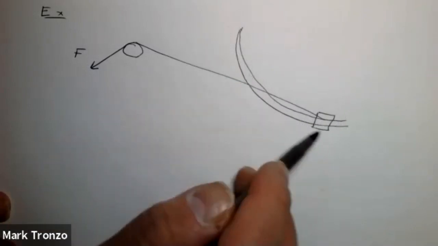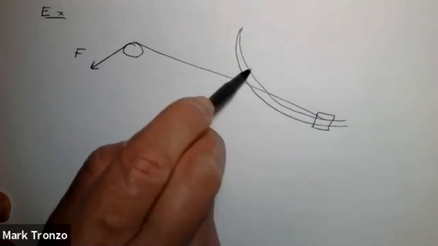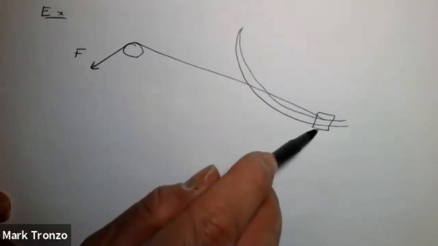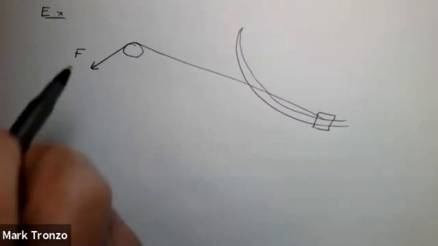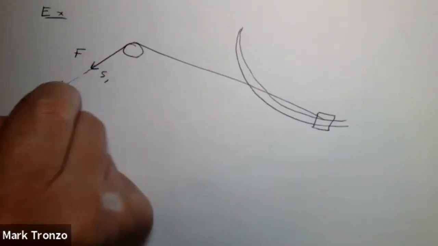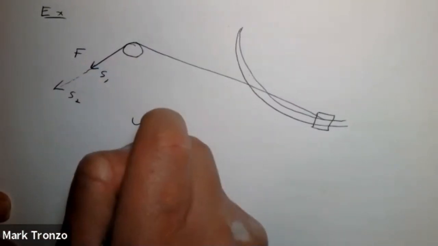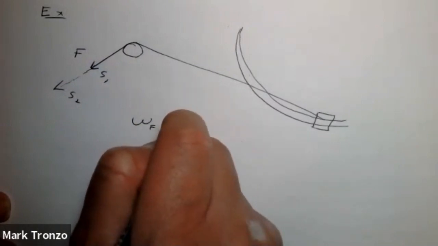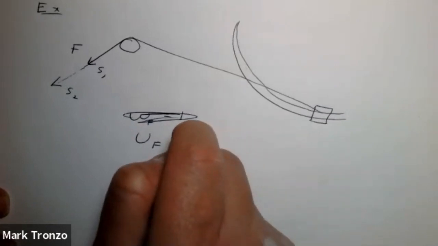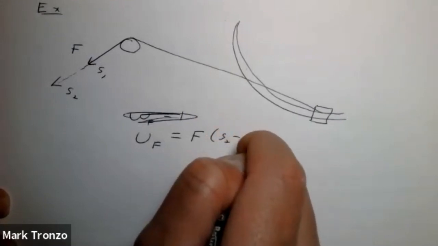This would get really difficult because at each point the force would be changing as it goes through this curve, and there's an angle and so forth. So this could really complicate things. But according to our rule, if we're pulling our force, starting at S1 and going to S2, then the work of the force, U of F, is just going to be our force times S2 minus S1.